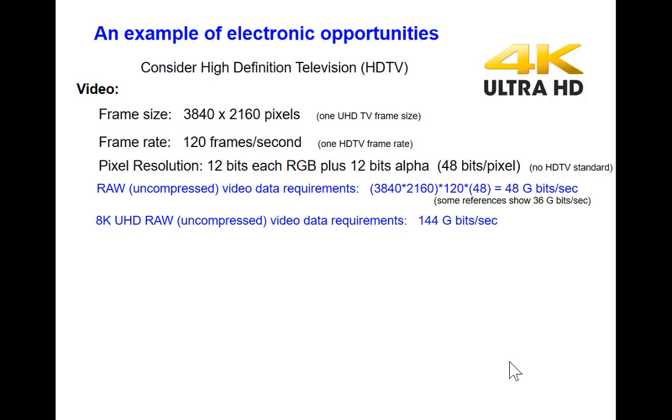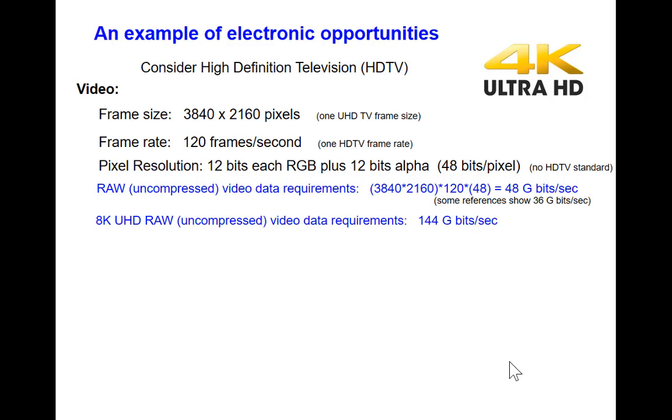Does anybody have an 8K UHD TV yet? Okay, so 4K are pretty common. You go into Best Buy or Costco or wherever you buy your TVs, and the 4K UHD TVs are pretty much the higher end of the spectrum. Not all that expensive.